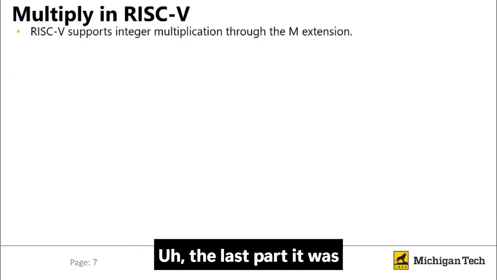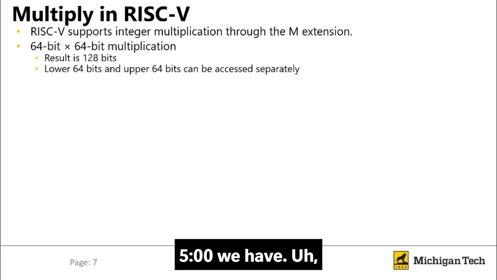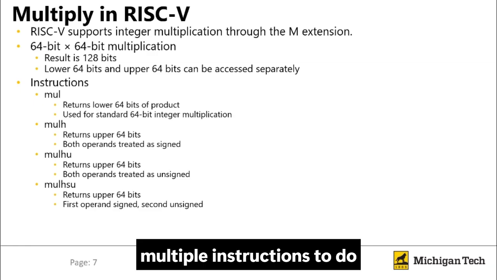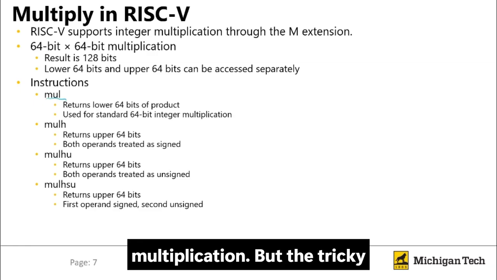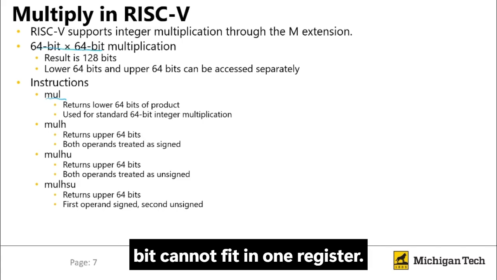The last part was multiplication in RISC-V. In RISC-V, we have multiple instructions to do multiplication, but the tricky part was that multiplying two 64-bit numbers cannot fit in one register. We need two registers for that. That's why we have different instructions.